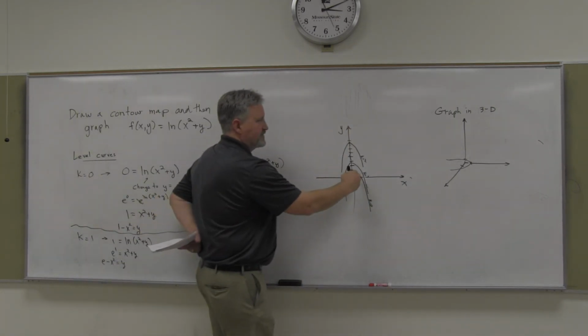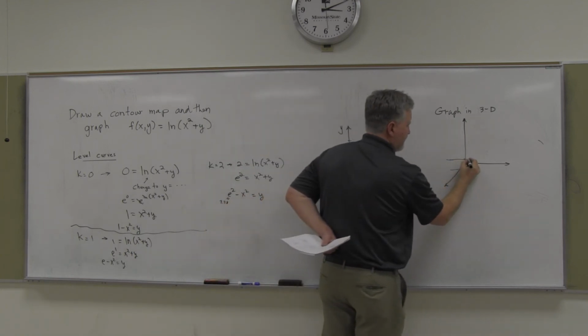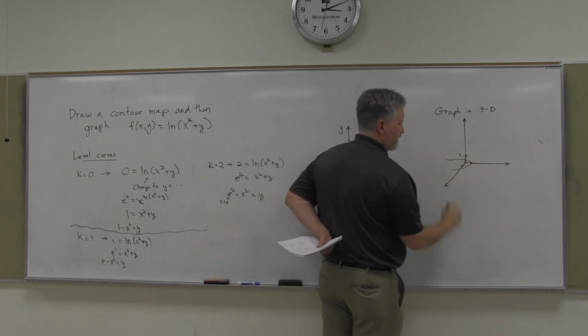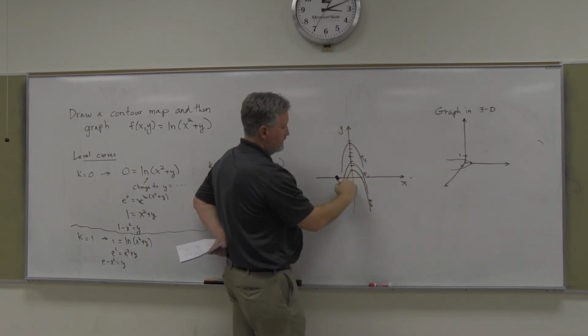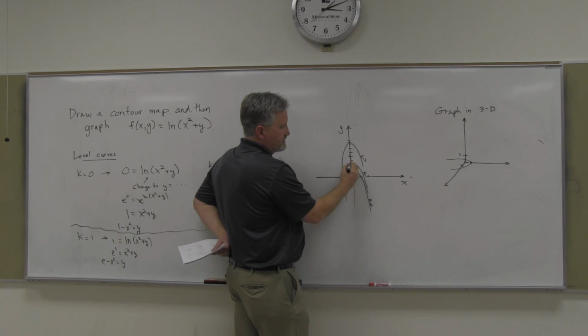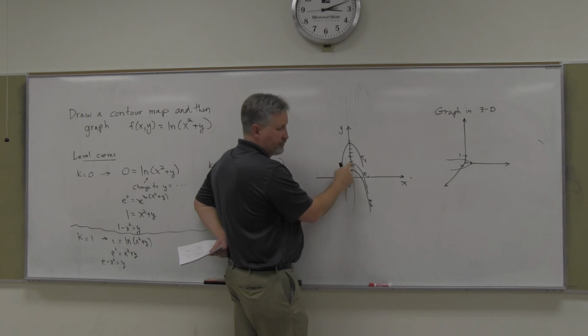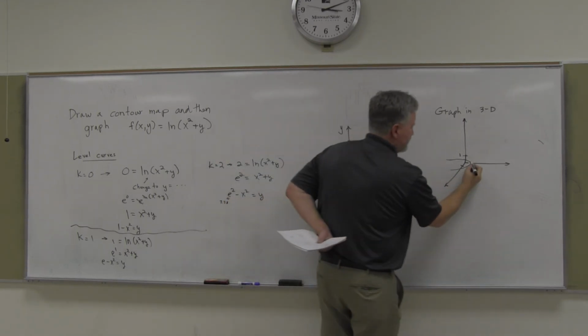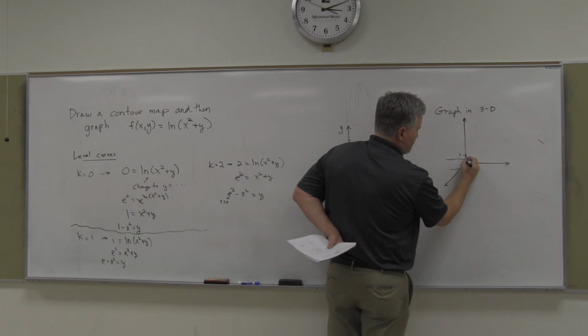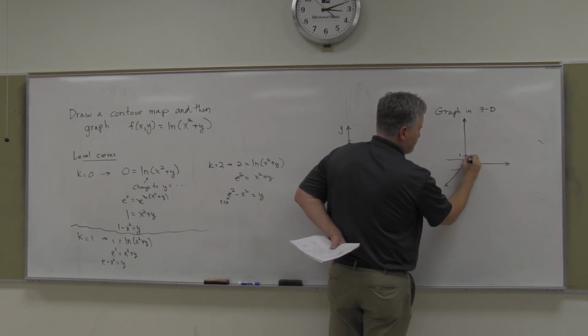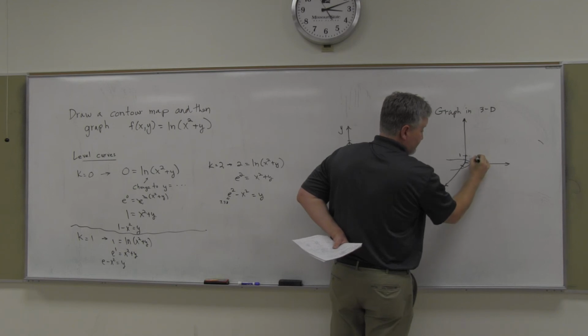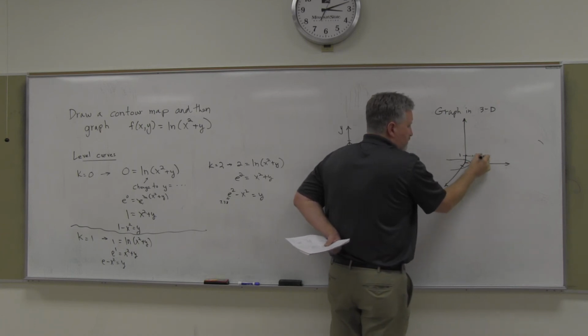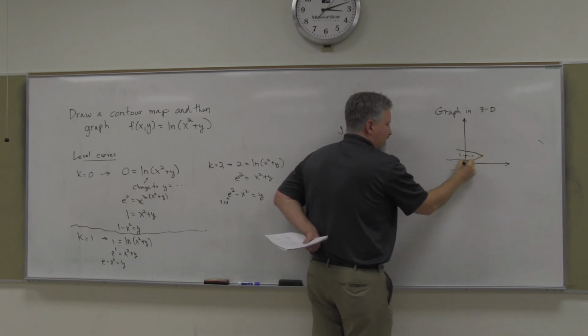Now we go up to k equals 1, which is z equals 1. So at the height z equals 1, we've got another parabola. But now the parabola is shifted in the y direction approximately 2.72 units. So if you're thinking here, the y-axis goes this way, so it's further out along the y-axis. So here's my parabola.